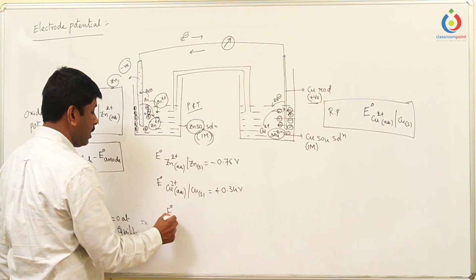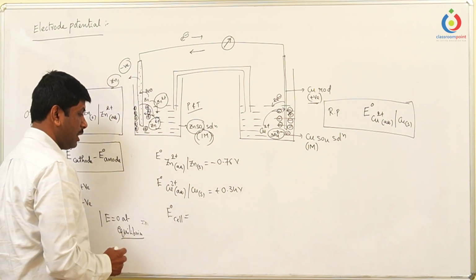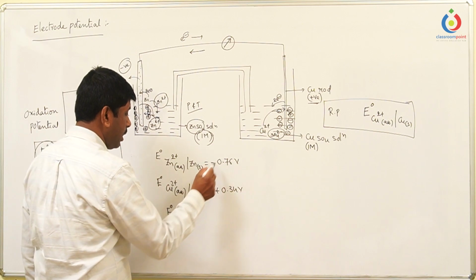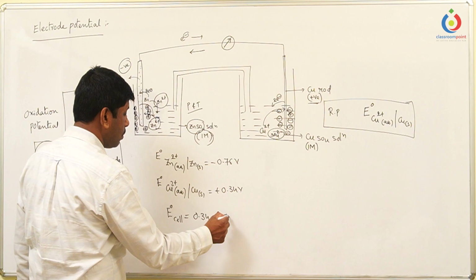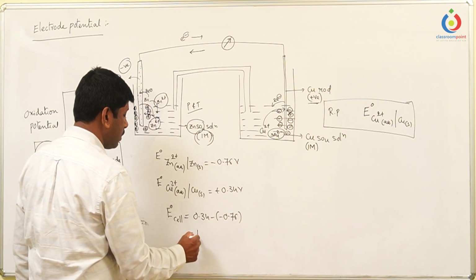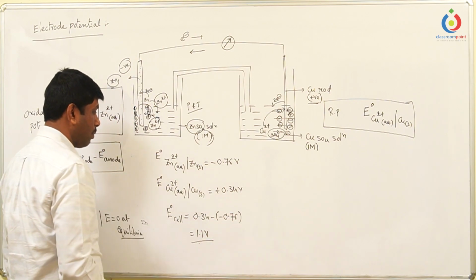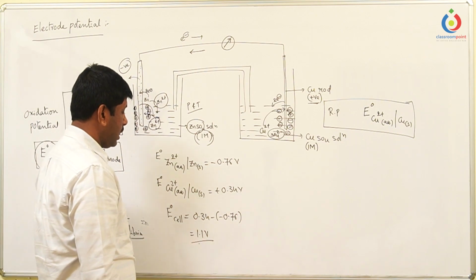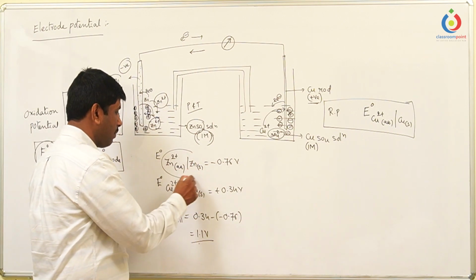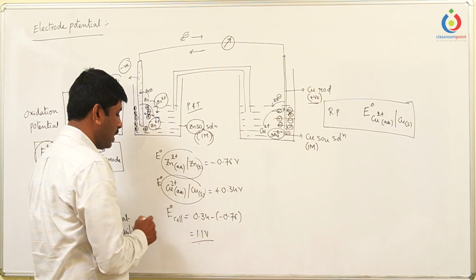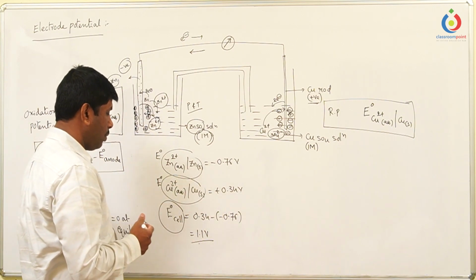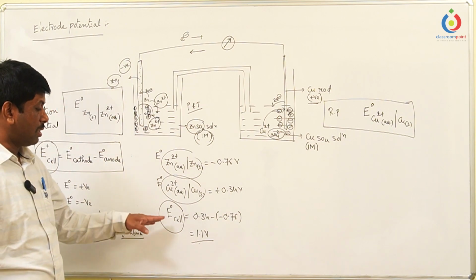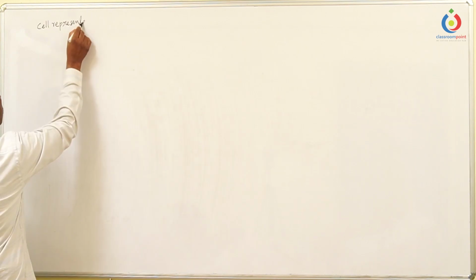Then E naught cell equals cathode value minus anode value, which is 0.34 minus of minus 0.76, so the value equals 1.1 volts. In this reaction, if you increase or decrease the concentration of the ions, the final E naught cell value does not change. That means E naught cell is an intensive property.